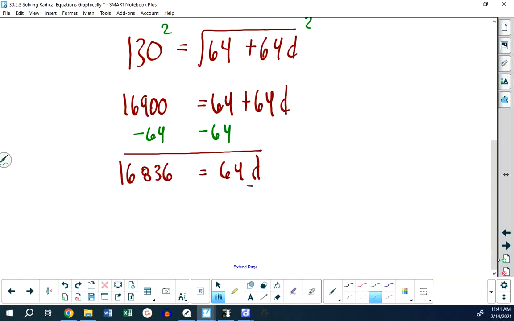I divide both sides by 64. And if I wanted to, I could probably get close in my head, but the limits of my mental powers kind of diminish right there. Paige, can you let me know what you get?